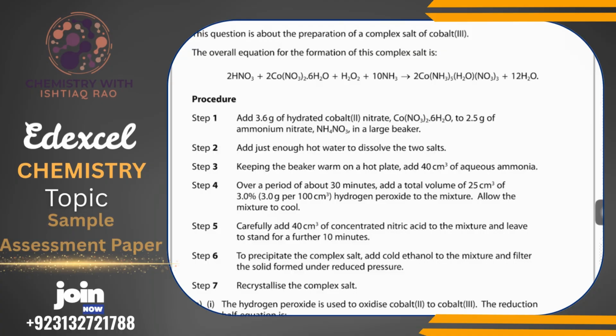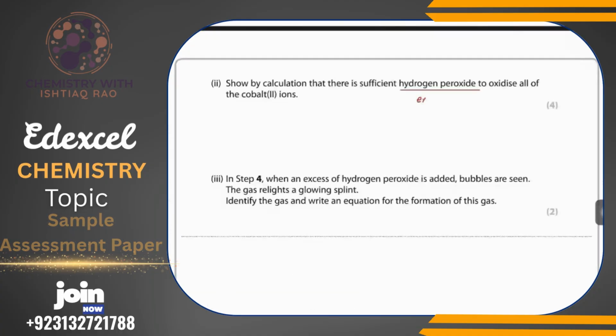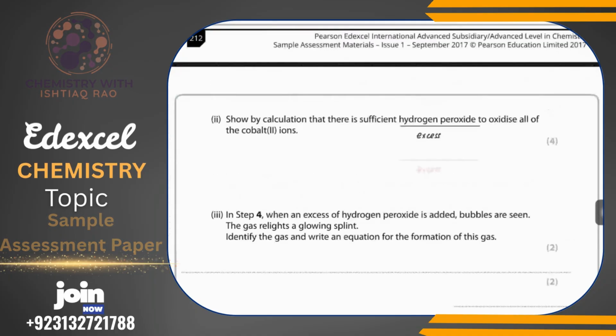They are asking, show by calculation that there is sufficient hydrogen peroxide, which means that it's in excess, isn't it? So it's the concept of excess reactant and limiting reactant. So you have to find out the number of moles first and then decide.